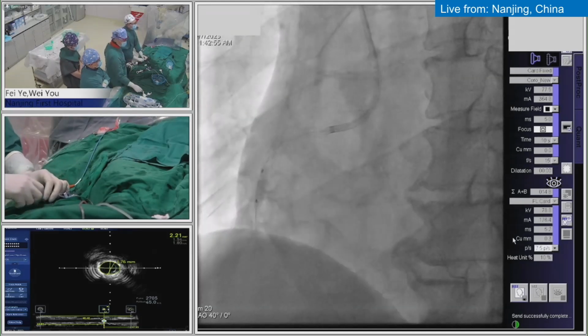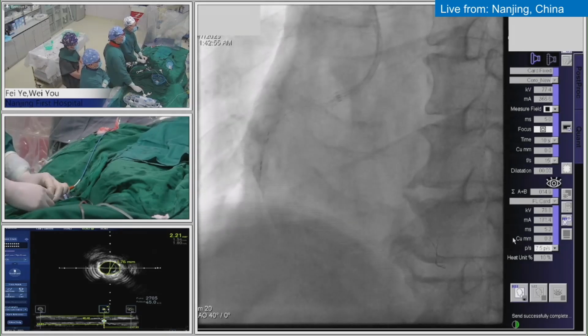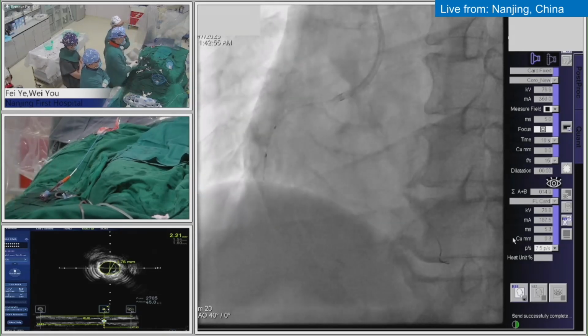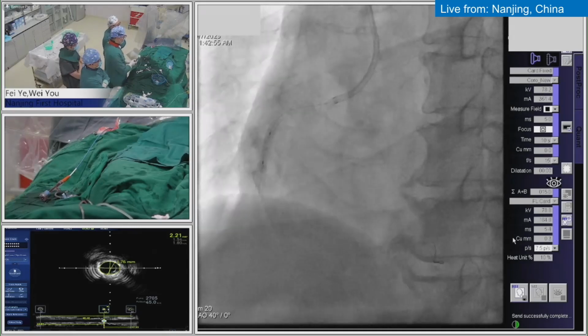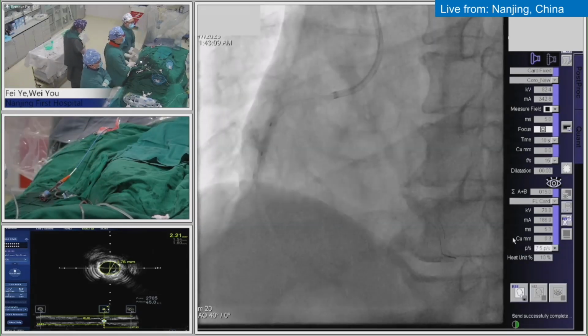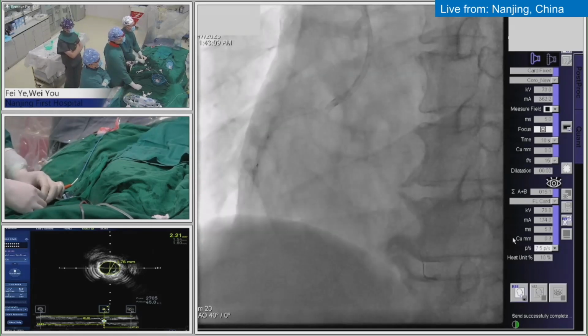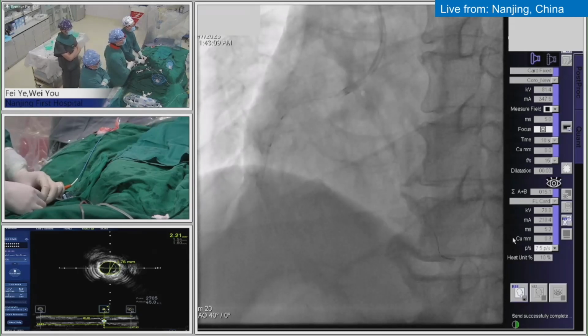After rotablation with the 1.5 burr, IVL used to be my first choice, but I think you have a lot of experience. I just wanted to quickly finish the case, so you advised me to use the NC balloon. I think it's also a very good choice.